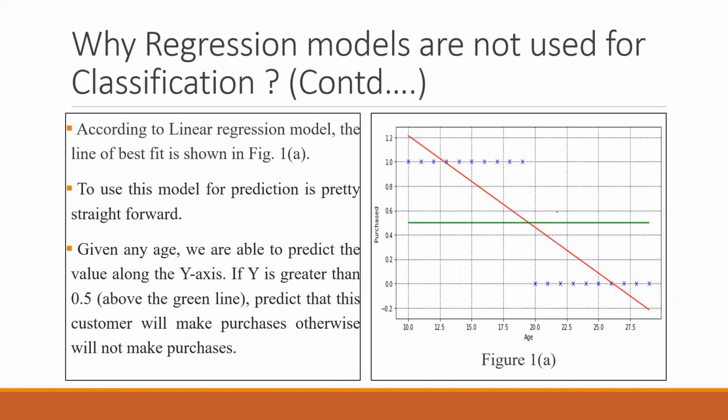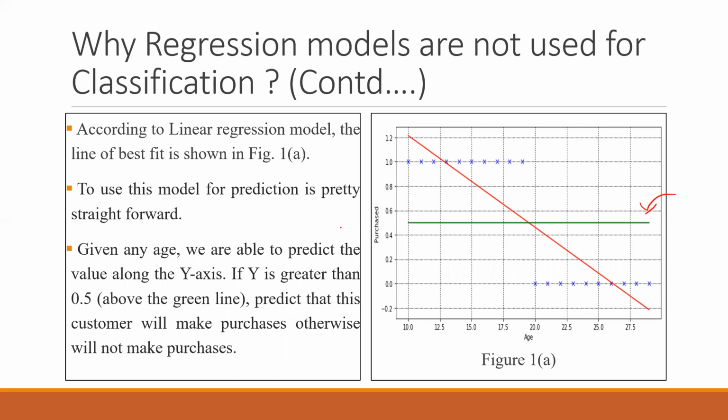But if we want to do a classification here, we have to draw this green line, which is not possible through linear regression, because linear regression will try to calculate the best line with minimum loss. So there is a big difference between regression and classification.